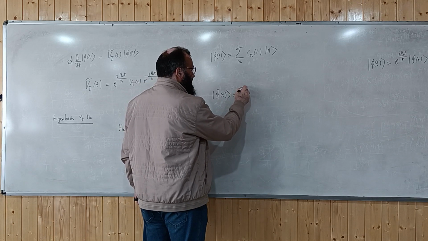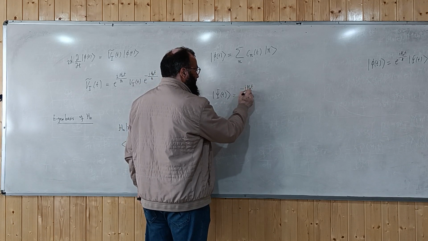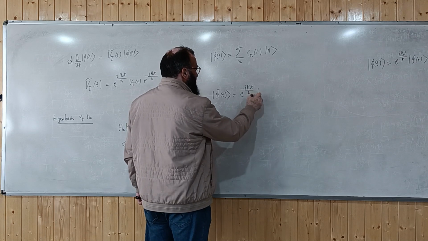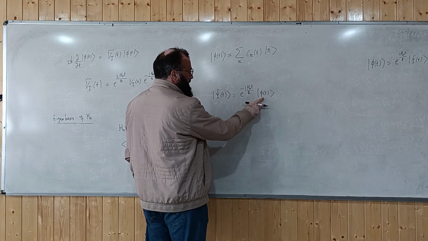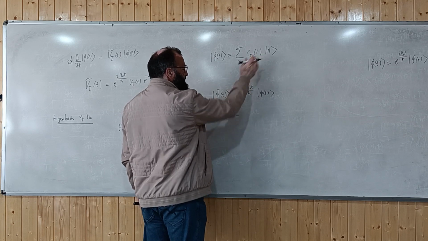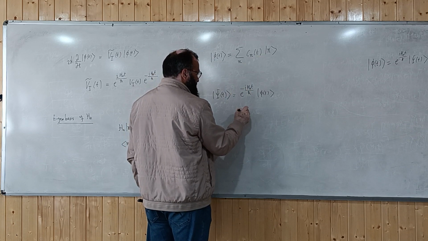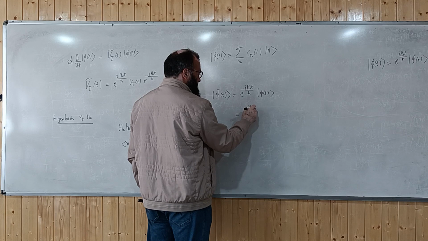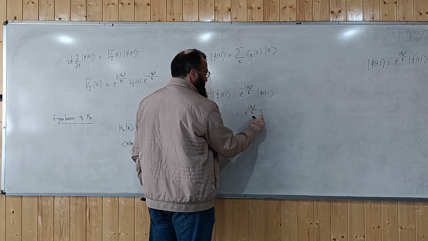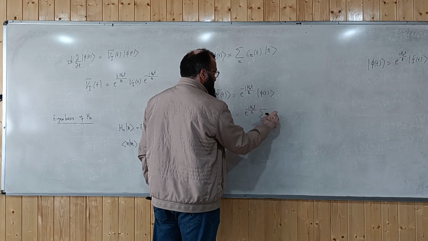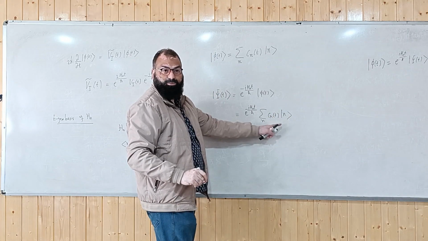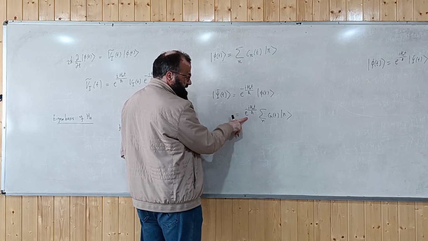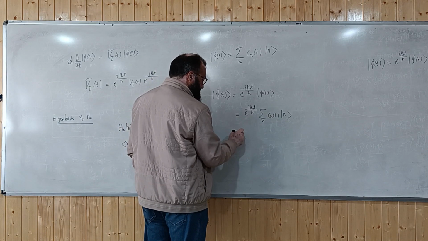I'll write it like this now. |ψ(t)> I can write as e^{-iH_0 t/ħ} acting on |φ(t)>. So what is |φ(t)> in the eigenbasis? It is e^{-iH_0 t/ħ} summation over n of C_n(t)|n>. Since |n> is the eigenstate of H_0, I can take this as an operator acting on this eigenstate.